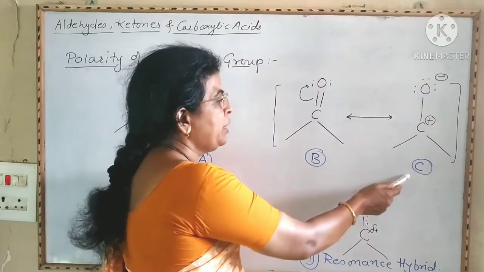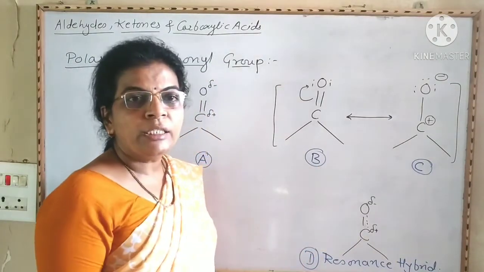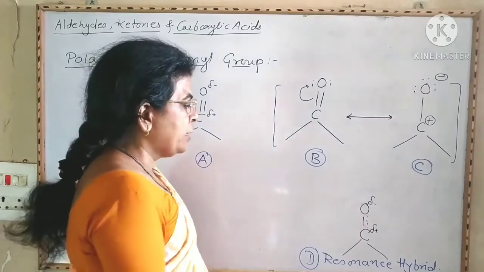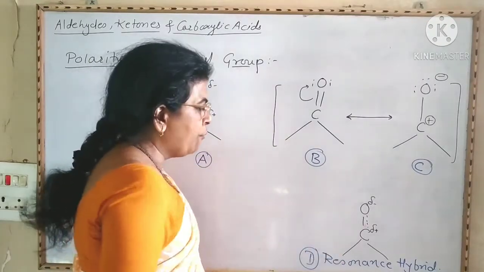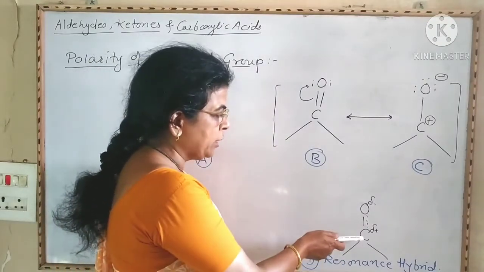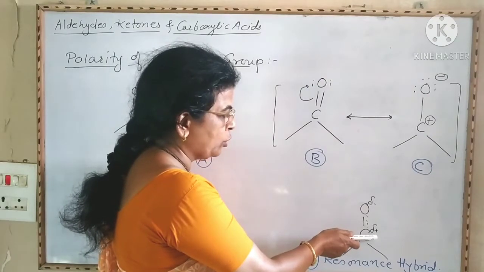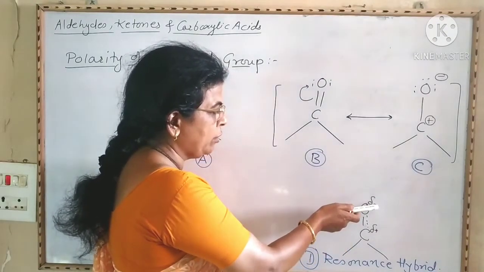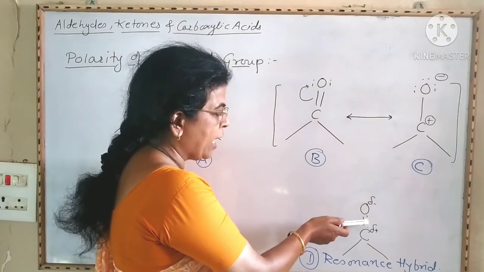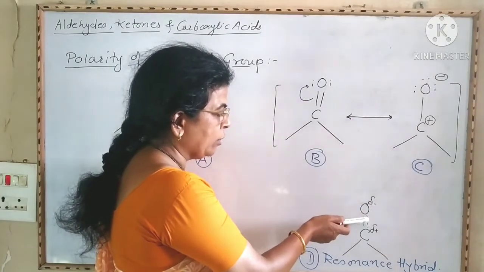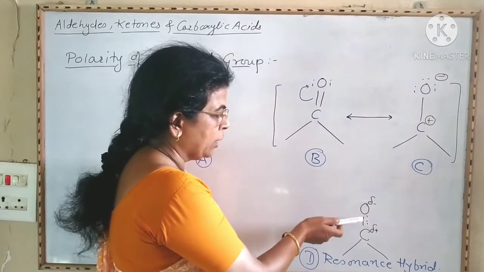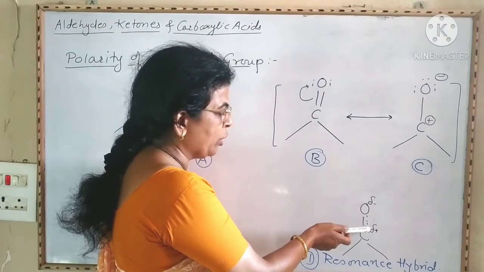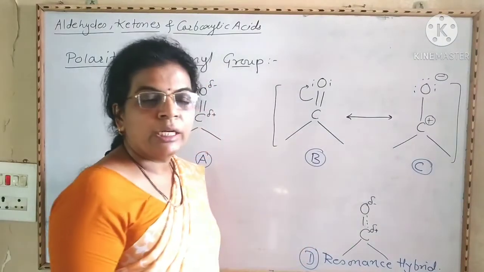These structures B and C are resonating structures of the carbonyl group, and the resonance hybrid has a slight positive charge on carbon and a slight negative charge on oxygen, bonded by dotted pi electrons. That is, the pi electrons resonate from carbon to oxygen.